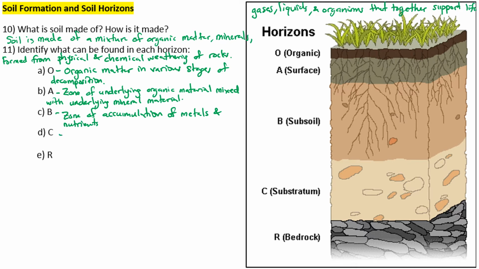C would be the least weathered portion of soil, very similar to the parent material.